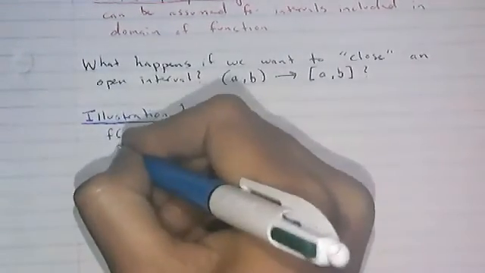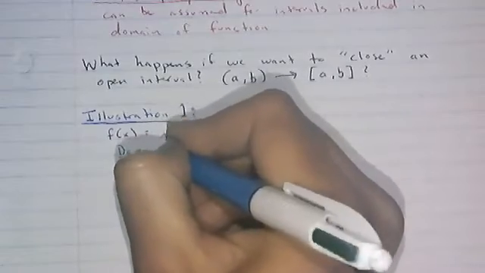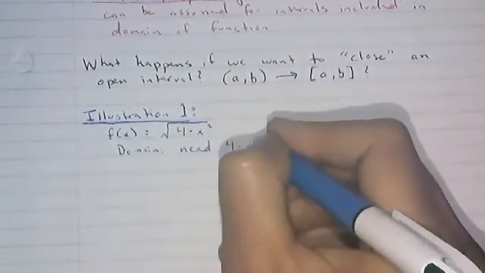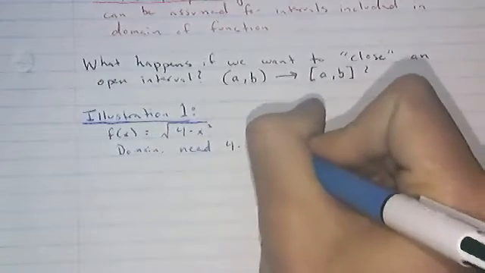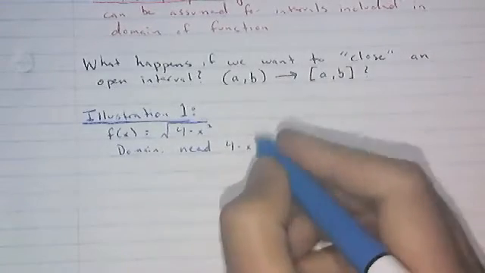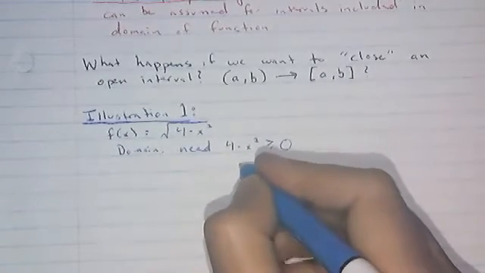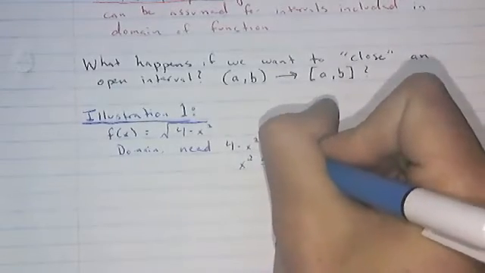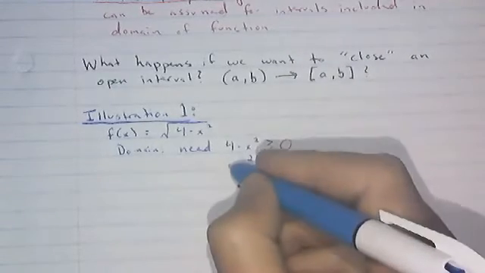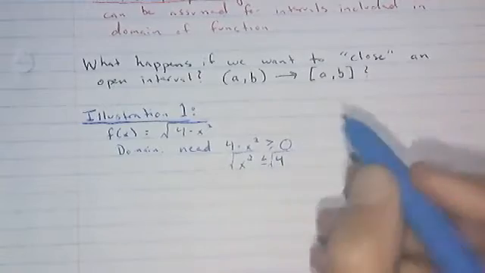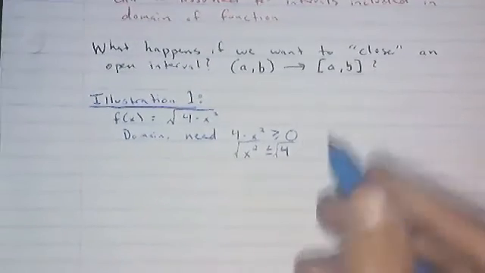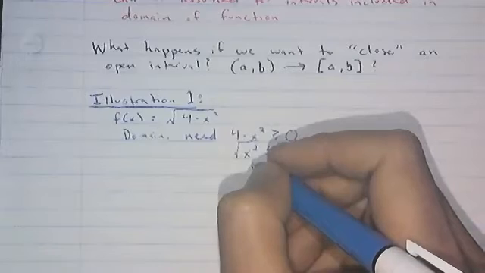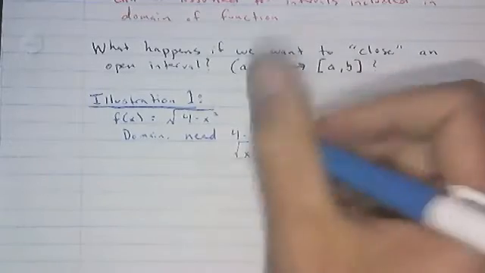So domain: need 4 minus x squared greater than or equal to 0. Meaning we need x squared less than or equal to 4. Square root on both sides. What's the square root of x squared? Somebody impress me? Nope. Absolute value of x. There we go.